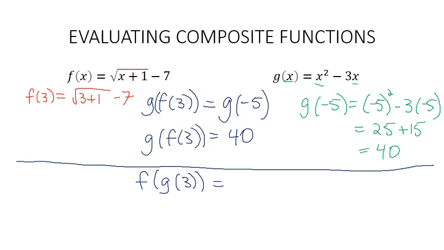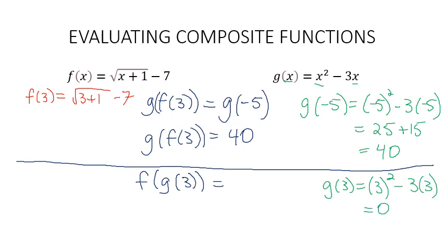First of all, what is g of 3? g of 3 is 3 squared minus 3 times 3. Three squared is 9. 3 times 3 is 9. So g of 3 is equal to 0.